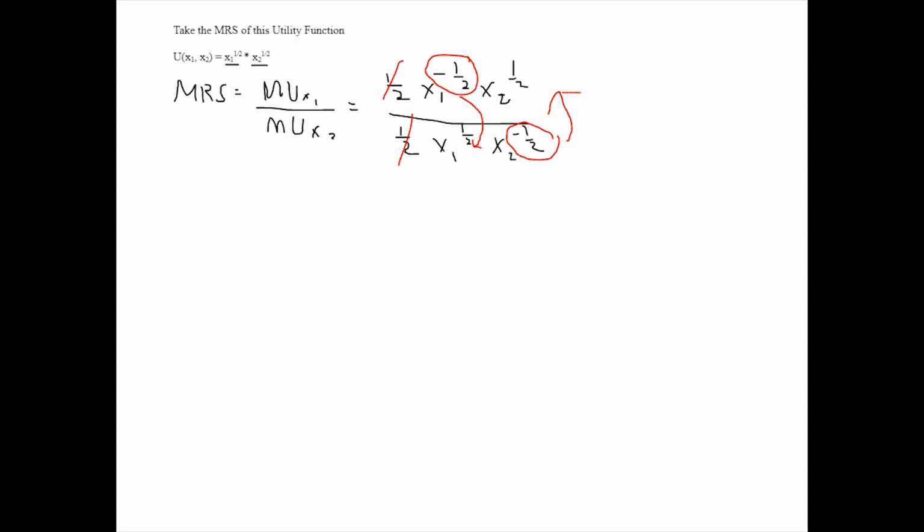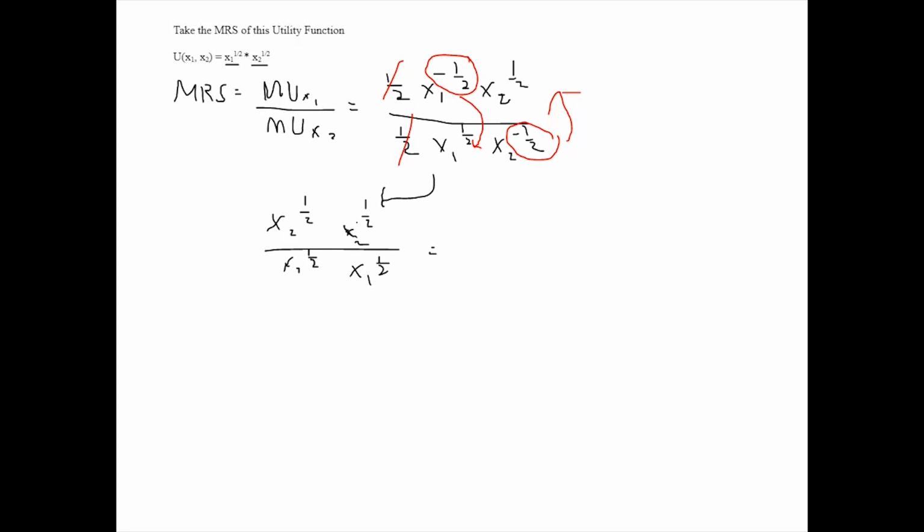Altogether, when we make our adjustments, we end up with the function x2 to the 1/2 times x2 to the 1/2 over x1 to the 1/2 times x1 to the 1/2.